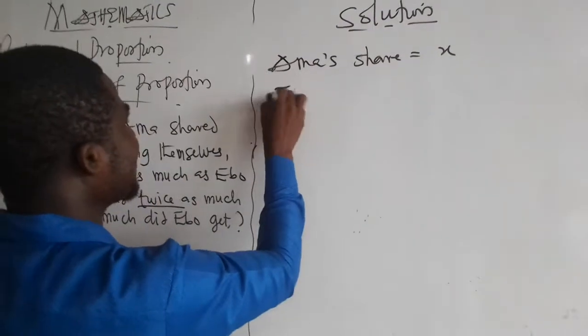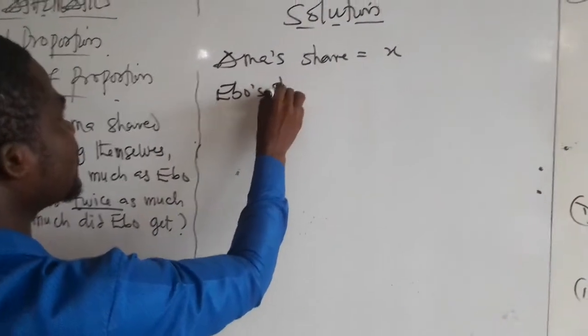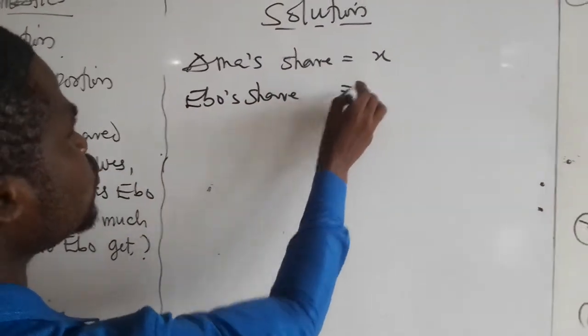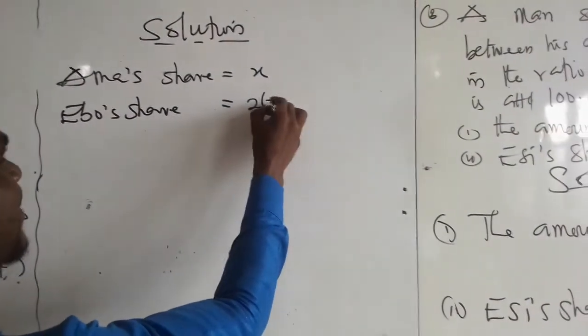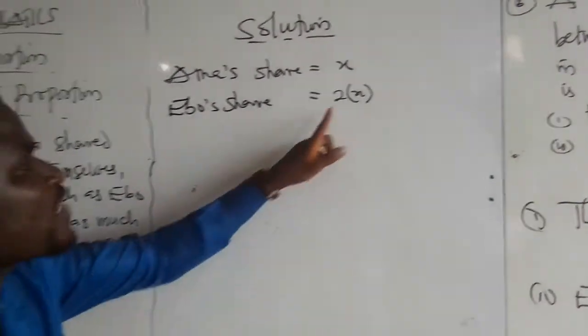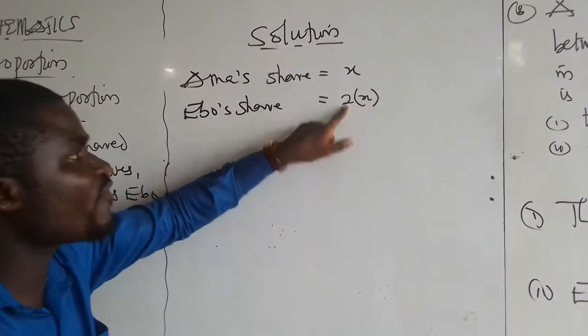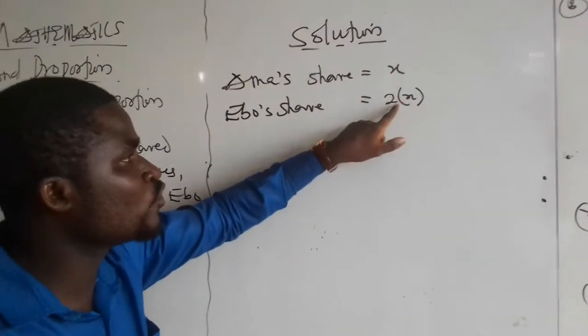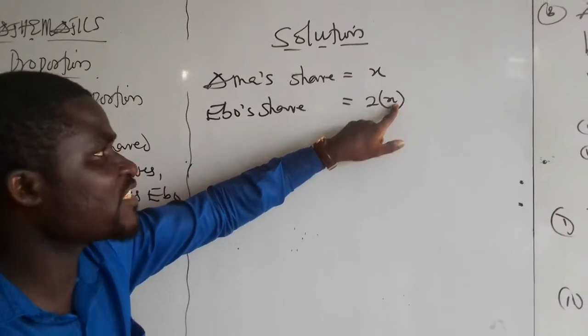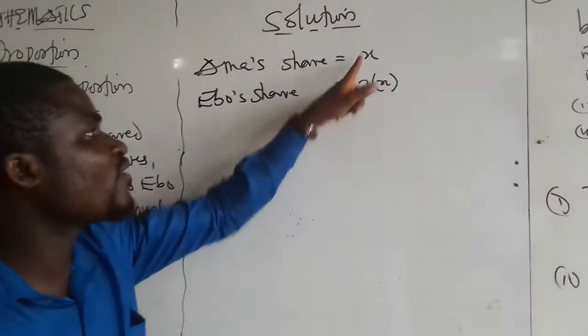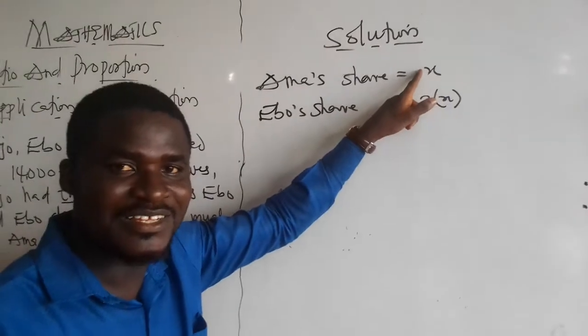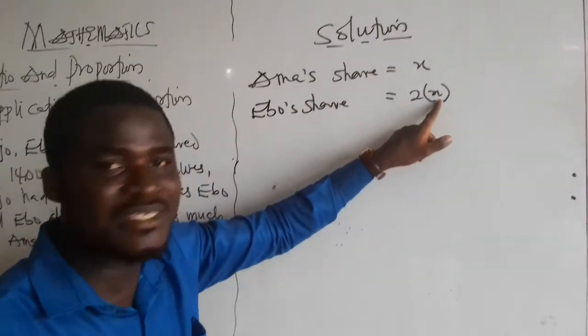So, Ebo's share is equal to 2 into bracket X, because Ebo had twice of Amma's share. The X is for Amma, and Ebo had twice of Amma's share. That's why we had 2X.